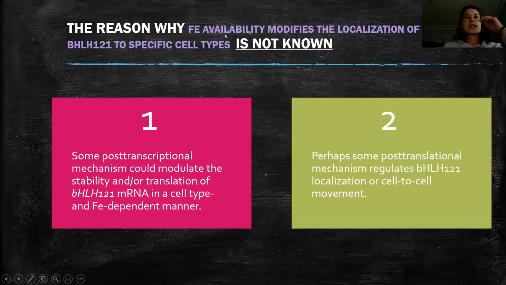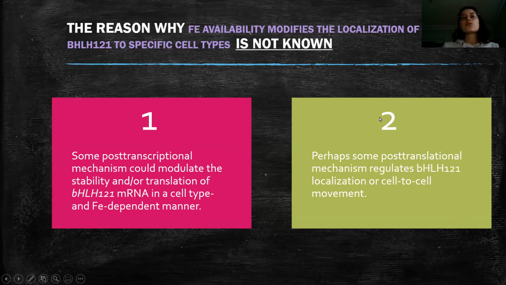As I said, they don't know why iron availability modifies the localization of BHLH121 to these specific cell parts. In the article, they proposed two hypotheses, but they didn't check whether either of them is true. Firstly, they thought maybe some post-transcriptional mechanism could modulate the stability or translation of BHLH121 mRNA in a cell type and iron-dependent manner.